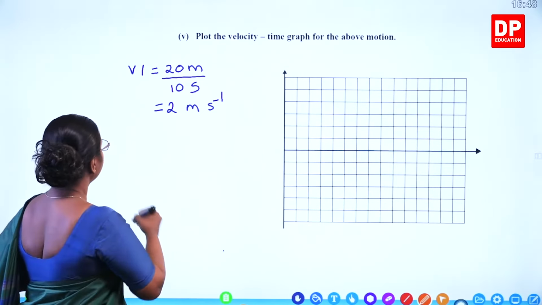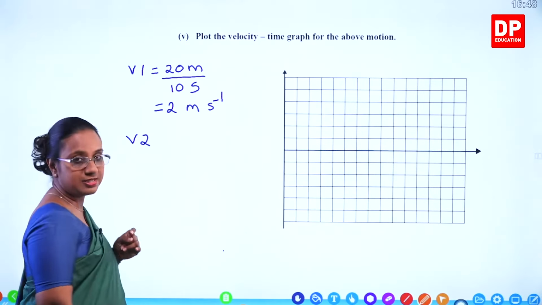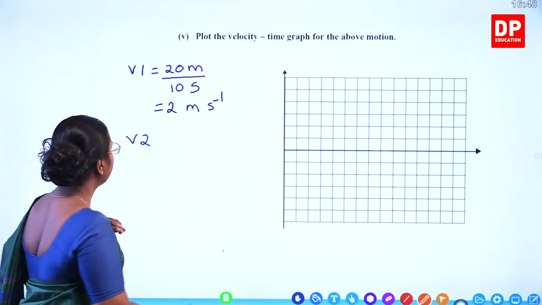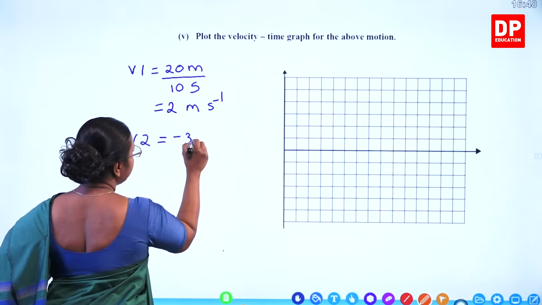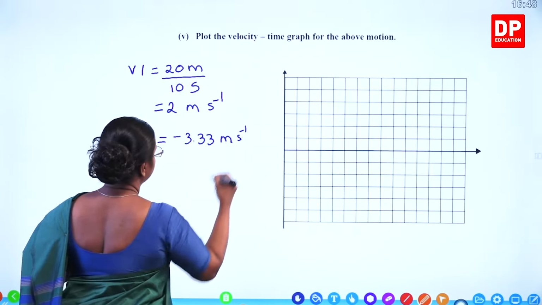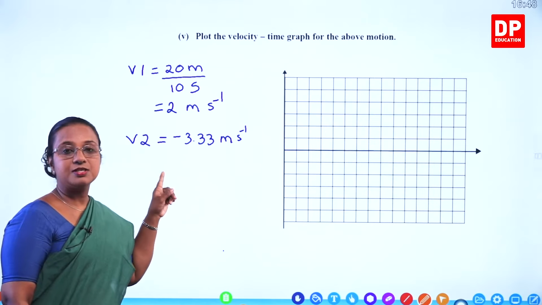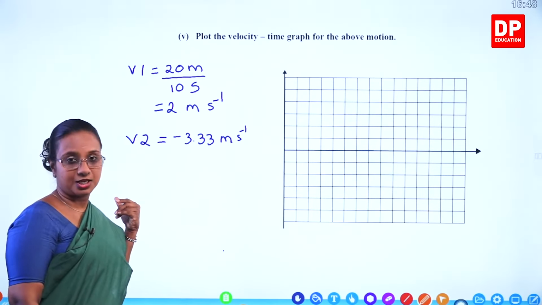The second part of the motion, we already calculated the velocity. I will take it as v2. If you can remember, it was equal to minus 3.33 meters per second. It became minus because it was the motion in the opposite direction.